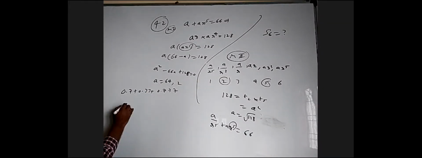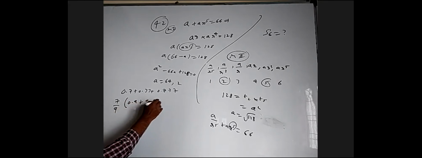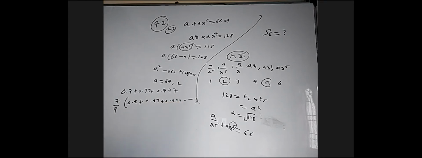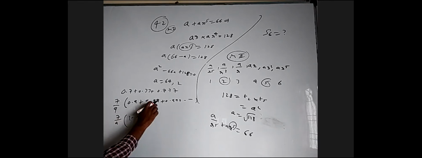So one method is you can take 7 common, and then I'll divide with 9, multiply with 9. So this will be 0.9, this will be 0.99, this will be 0.999. Once it is 9, it's easy because 9 by 10 I can write as 1 minus 1 by 10. This is 99 by 100, I can write 1 minus 1 by 100.